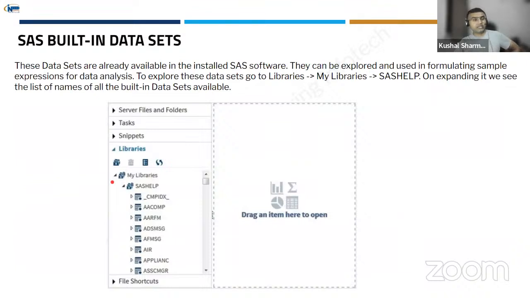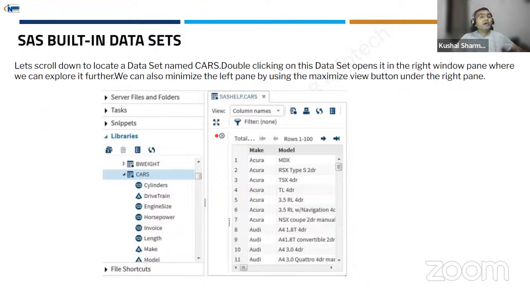Okay, so under the libraries we have datasets that are already available in the installed SAS software. They can be explored and used in formulating sample expressions for data analysis. To explore these datasets, go to Libraries, My Libraries, SASHELP. On expanding it, you will see a list of names of all built-in datasets available.